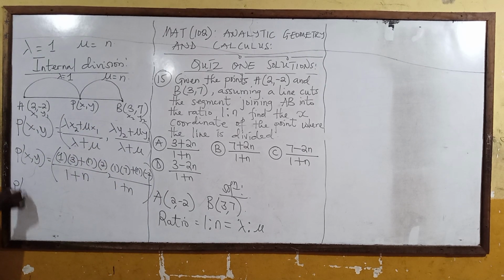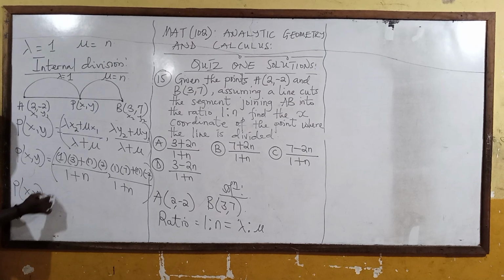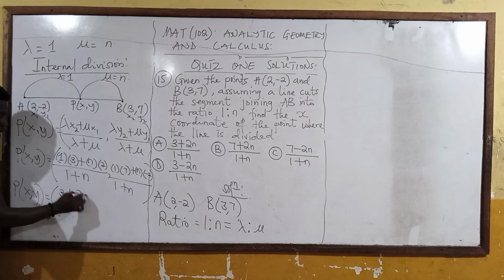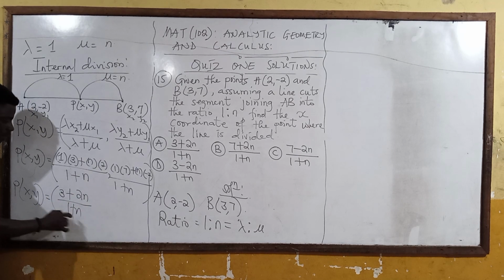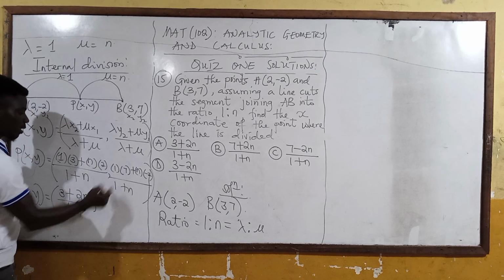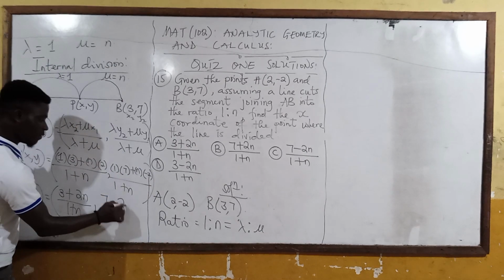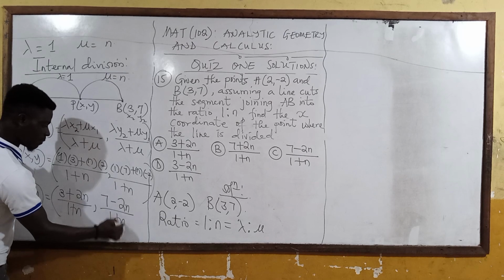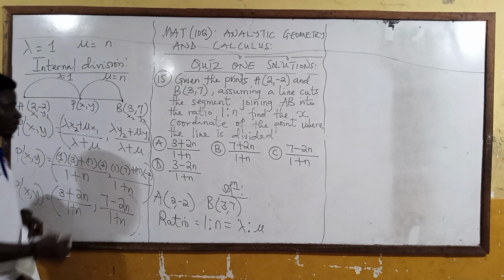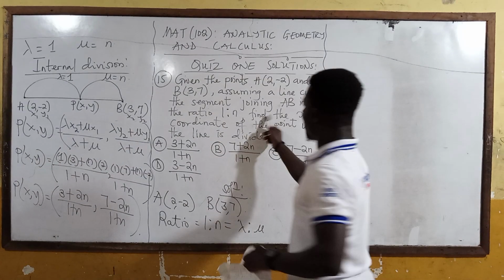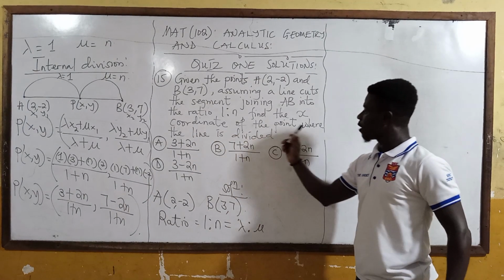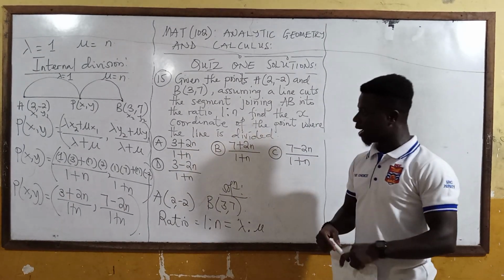So my point P (x, y) must be equal to 1 times 3, we have 3 plus 2n divided by 1 plus n. 1 times 7, we have 7, n times negative 2, we have negative 2n divided by 1 plus n. So now, they said find the x coordinates of the point where the line is divided.